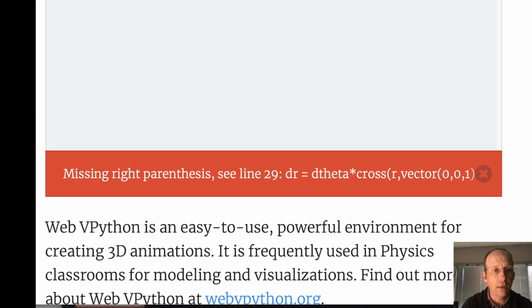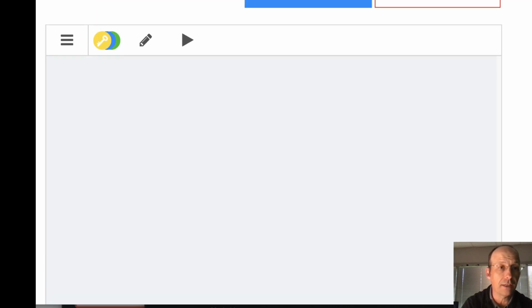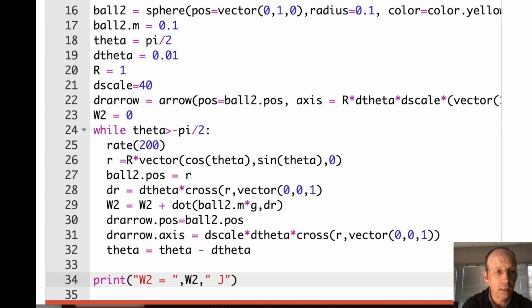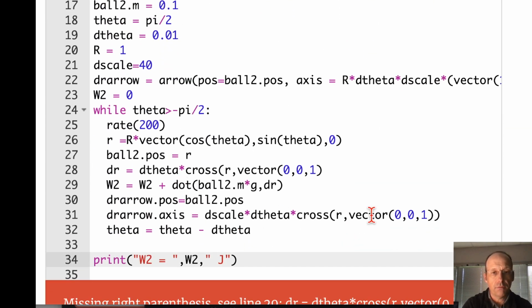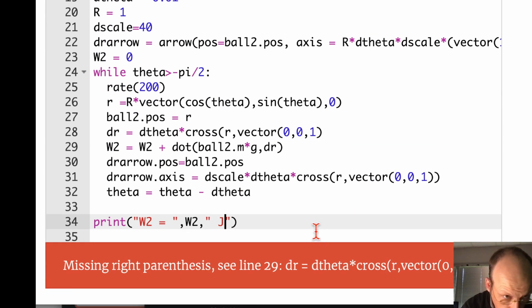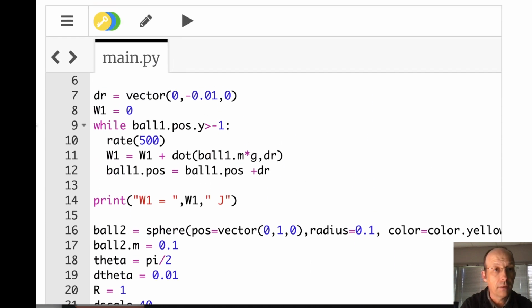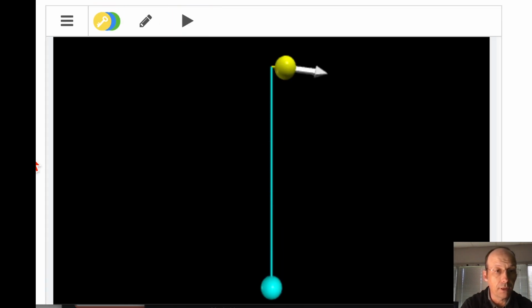And I made a mistake. Right parentheses. I think I just copied and did not paste correctly. Line 29. Oh, I missed it right up here. I just didn't highlight the whole thing.